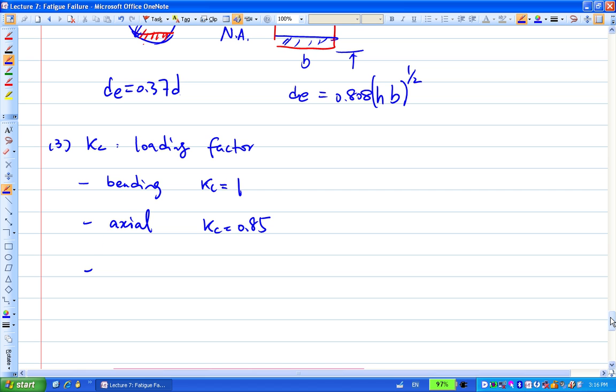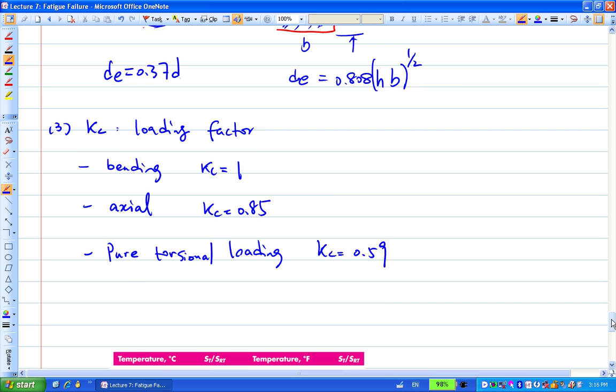And if subject to pure torsional loading, your Kc is 0.59. We will re-examine these numbers later when we talk about combined loading for fatigue design. So we'll come back to these numbers again.